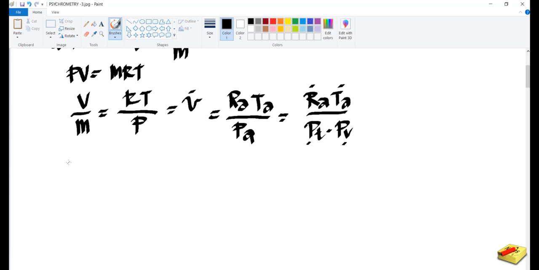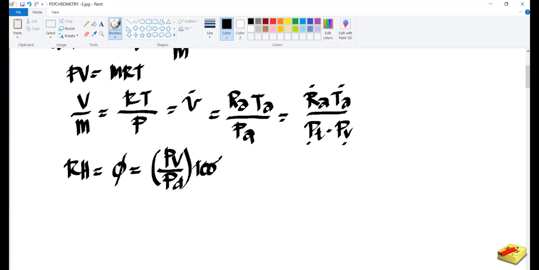Since the relative humidity is given, we have your RH, or your symbol, this one. We have the equation, which is partial pressure of vapor divided by the saturation pressure, multiplied by 100%.